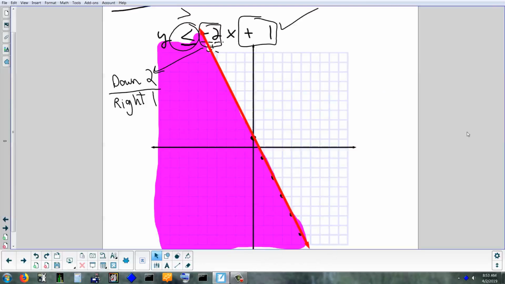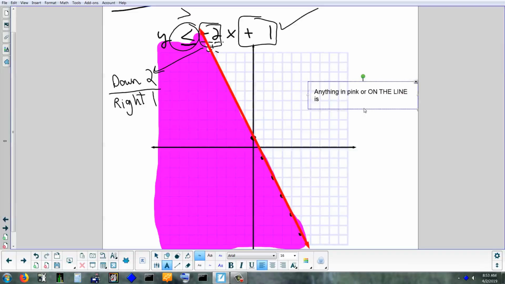And there you go. The only difference here now is that any coordinate that's on the line would work as a solution because it's less than or equal to. Those numbers can be equal. So anything in pink or on the line can be a solution. But again, guys, we're not going to ask you to explain.